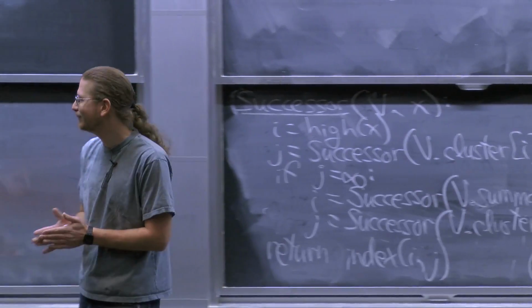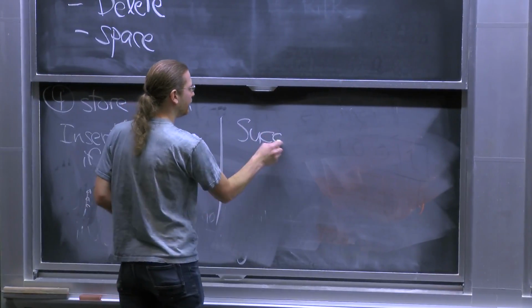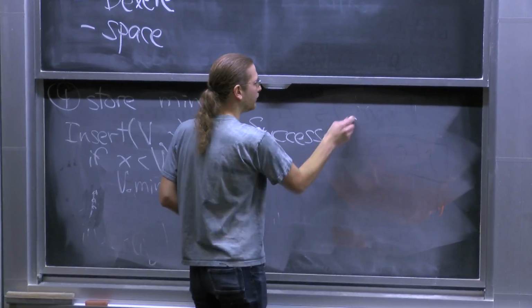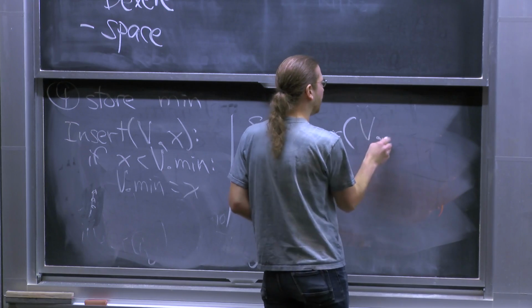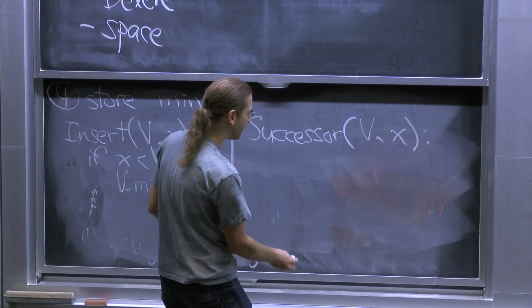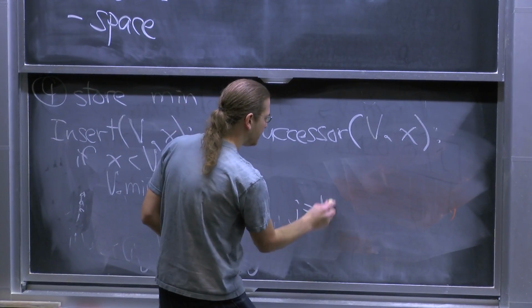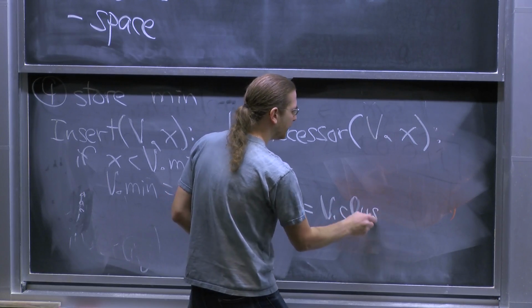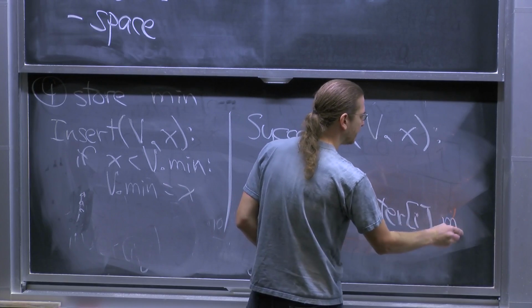1 down. Okay, so if we look at successor of v comma x, I'm going to replace the next to last line with j equals v.cluster[i].min.